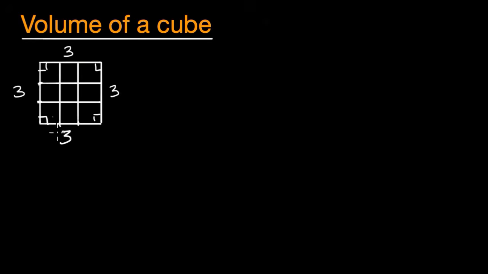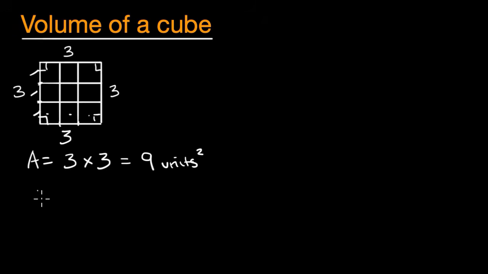We can see that there's a bunch of ways you could think about it. You could have 1, 2, 3 rows, and each of those rows has 3 square units. So the area here is going to be 3 rows of 3, which is equal to 9, and our units would be square units: 9 units squared.